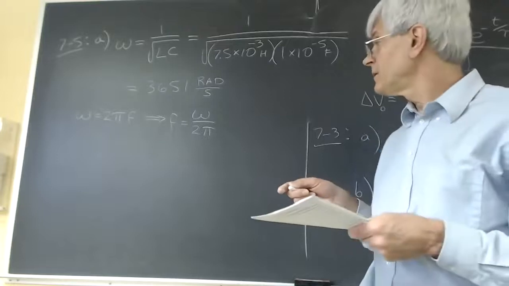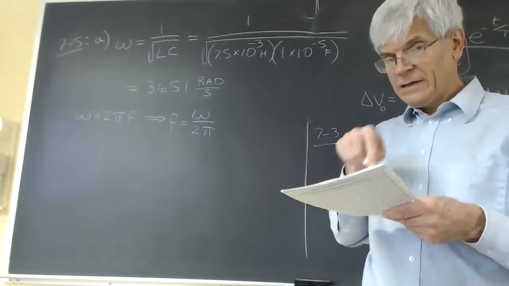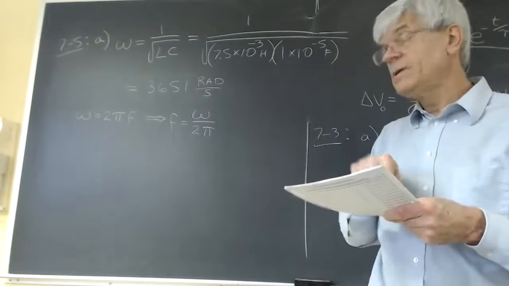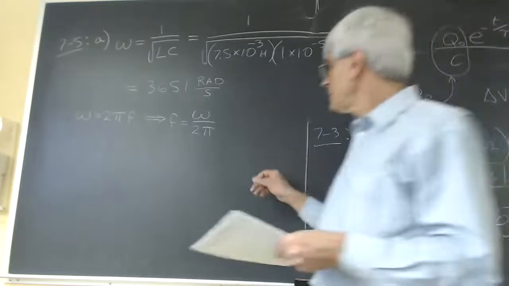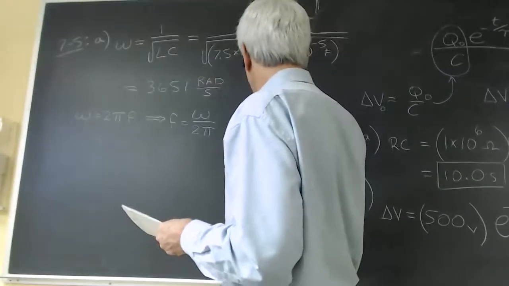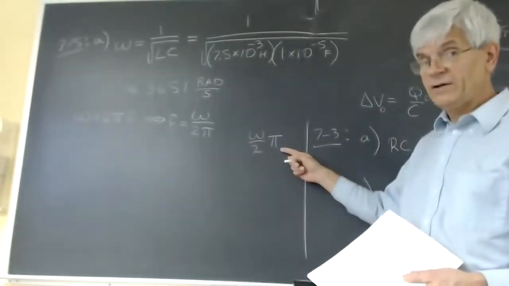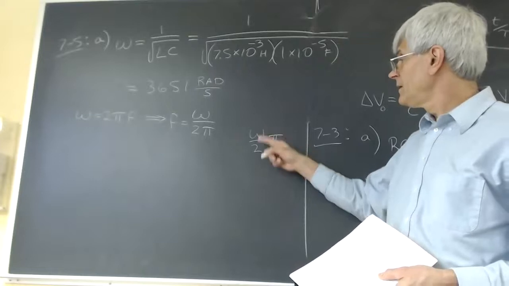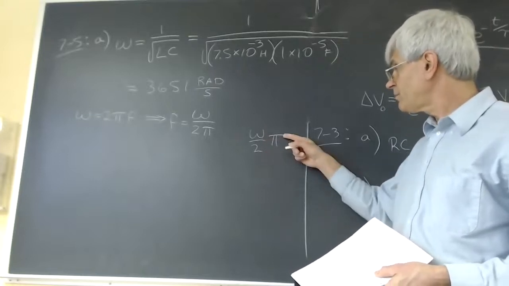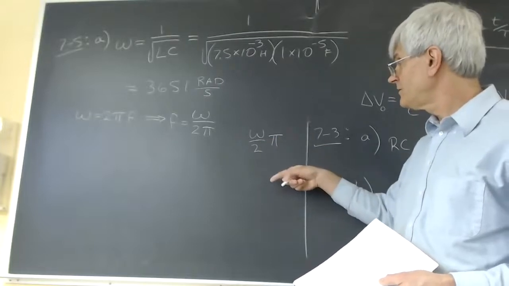Not exactly, but roughly. Your calculator interprets it like that: if you put 3651 divided by 2 times pi, it's going to multiply where you wanted it to divide.